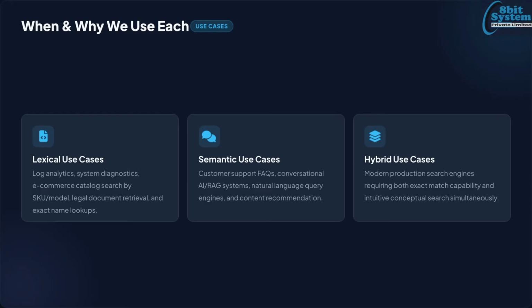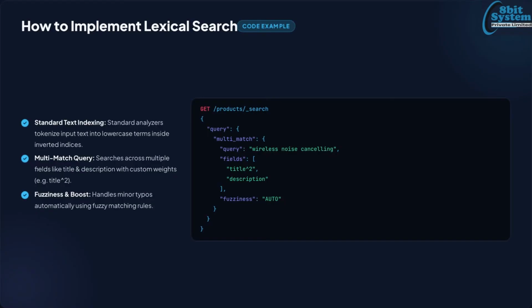Moving on to the next, here is an example of how we can implement lexical search in steps. First we use standard text indexing, then we use a multi-match query, and third we use fuzziness and boost.